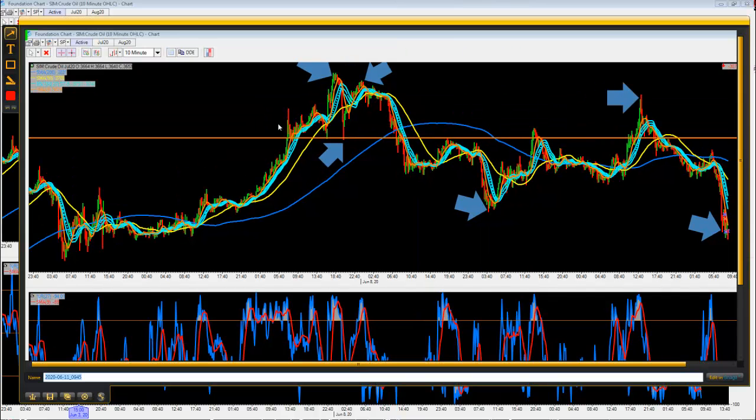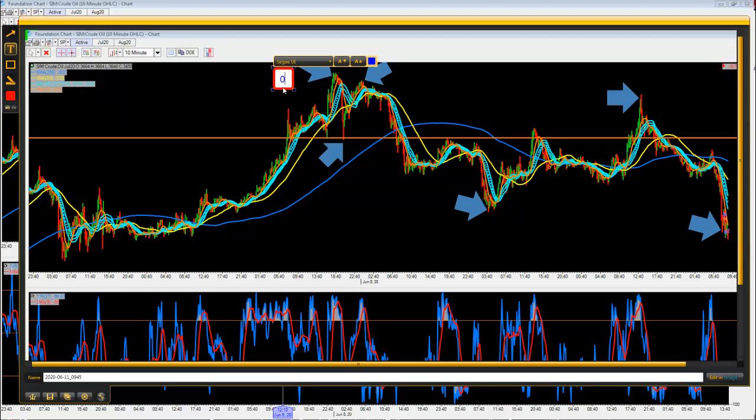Capture image. Zero. Actually, I don't even need the arrows, do I? All I need is the text here.